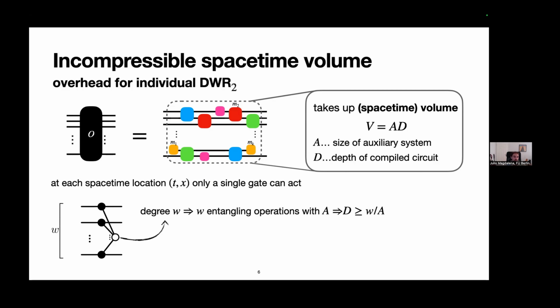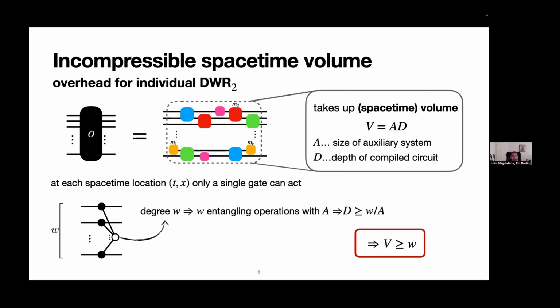If our auxiliary system is composed of A qubits and each qubit can only act with one entangling gate, this means the depth needs to be W over A. So we immediately get a very rough estimate that the space-time volume has to be at least linear in the weight. As a general limitation or bound, I don't think it's too important to saturate it. It's just important to understand that there are trade-offs, and there's no free lunch.